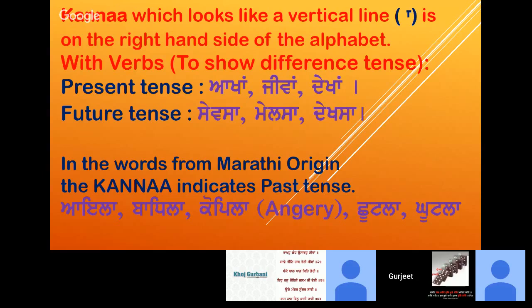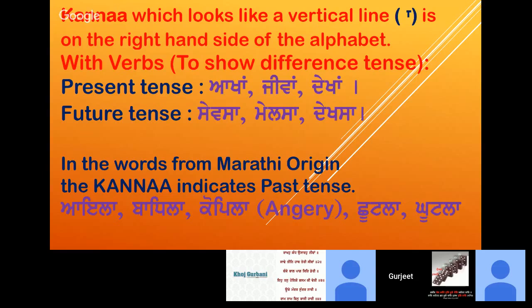The basic word is same, but then how do we add a Kanna in the end to give it a different form of the tense? And also there are some words from Marathi because of Namdev ji, and they have Kanna in the end as well. Aila means he arrived.